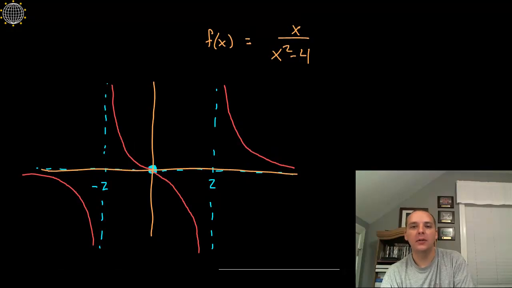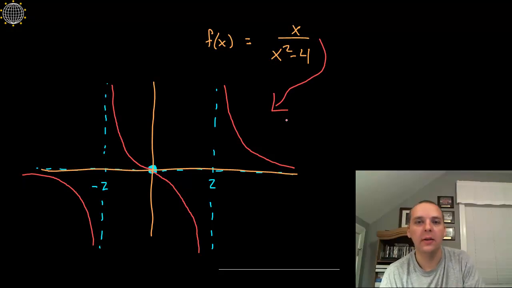This right here should be a somewhat accurate sketch of this function. Now notice we didn't pay a whole lot of attention to exact y values at certain places, but I think this would be more than sufficient as a generic sketch of this very complicated function.